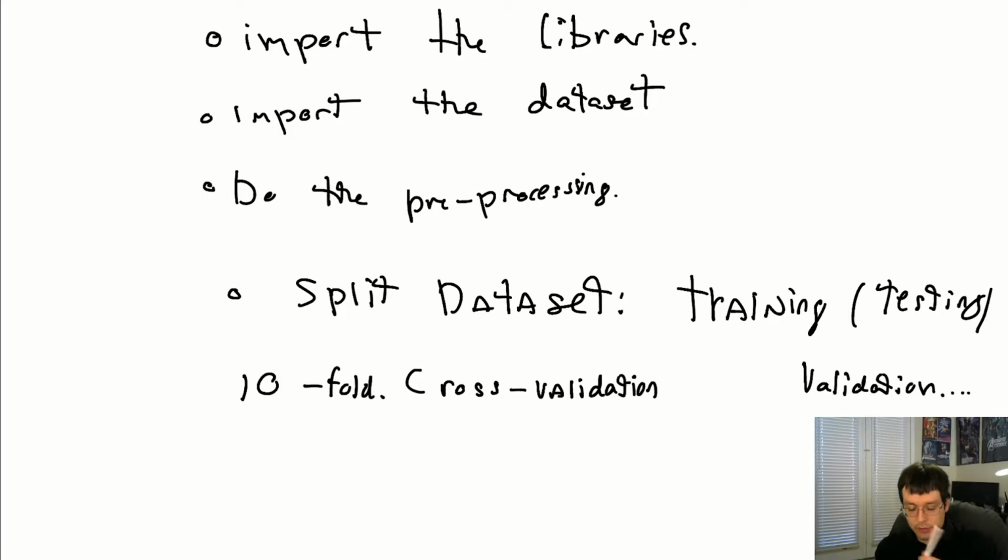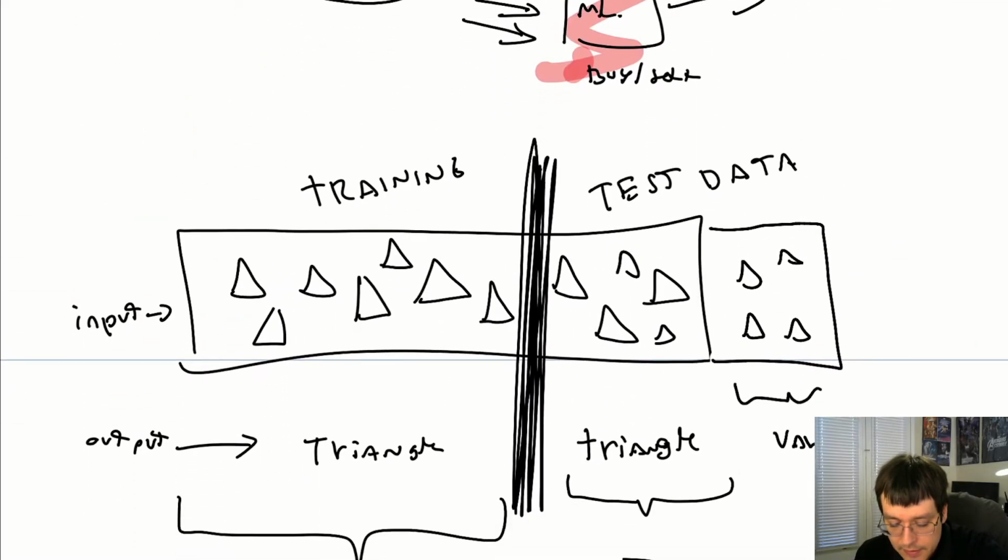The first time, let's just say I feed this piece as the training and this is the test. Then the next part, I feed this piece as test, and then this is training. And then the next part, this piece is test, and this and this is training. And then this piece is test, and this and this as training. So I keep rotating it around, and I test them all, and then I take the average of all of them, and that becomes my overall accuracy. That is what's known as tenfold cross-validation, because you keep flipping around 10%.